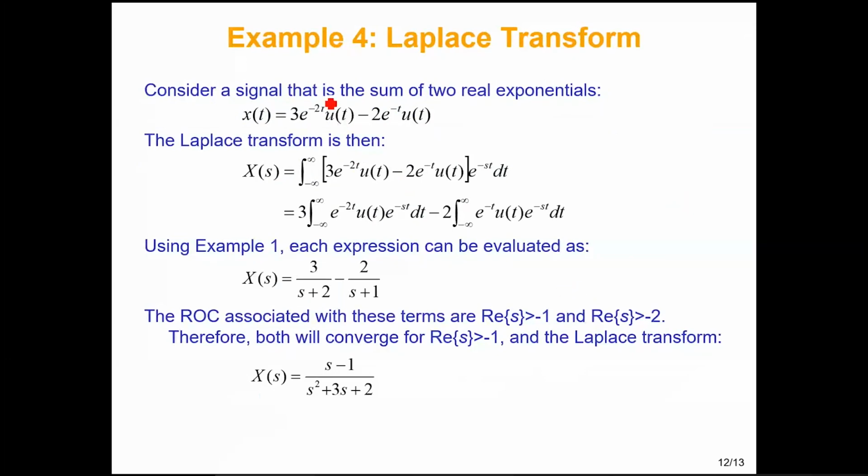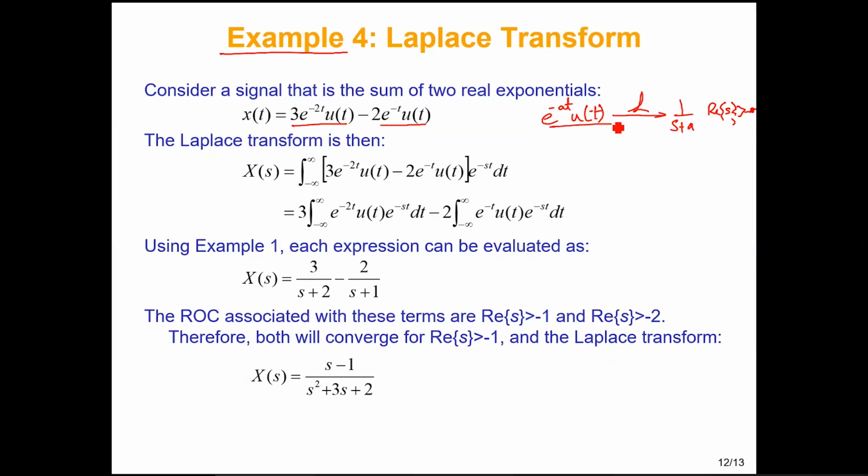Okay. Now comes the fourth example, where instead of one we have two complex exponentials which are summed together or subtracted from each other. And if you see, both of them are of the type some constant times e raised to the power of minus a t u(t). And we know that e raised to the power of minus a t u(t) has a Laplace transform which is 1 over s plus a, and its region of convergence is basically real part of s greater than minus a.